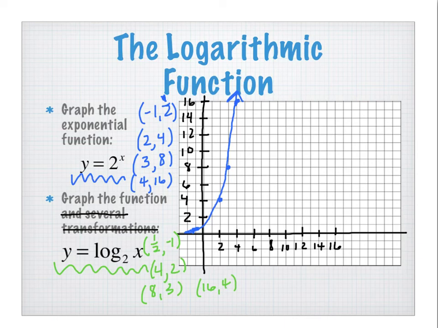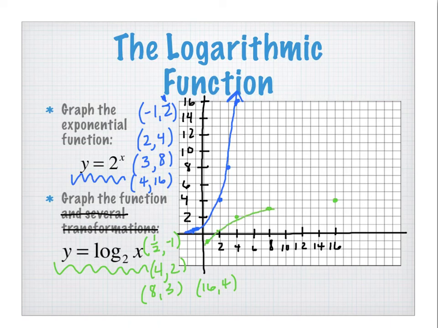So that should be easy to graph. 1/2 for x, negative 1 for y, that puts us right there. 4, 2 puts us right there. 8, 3 right there. And 16, 4 right there.